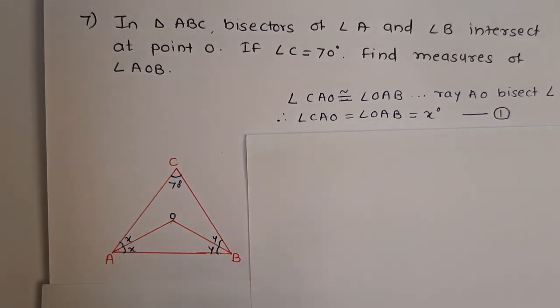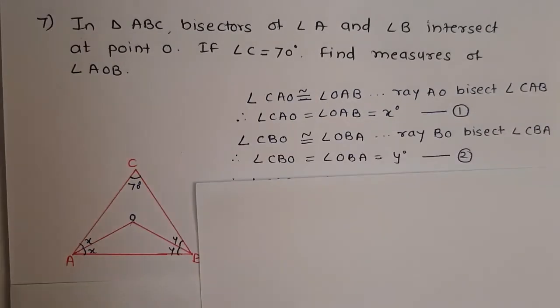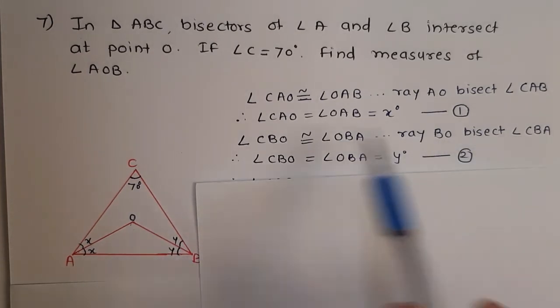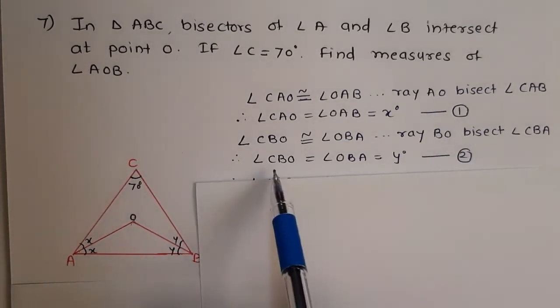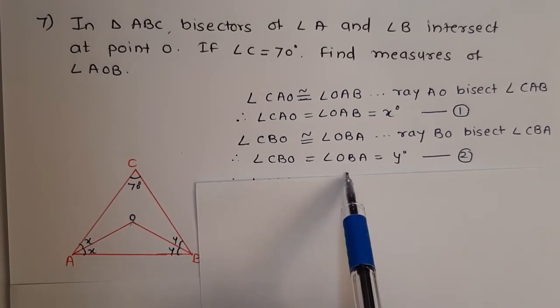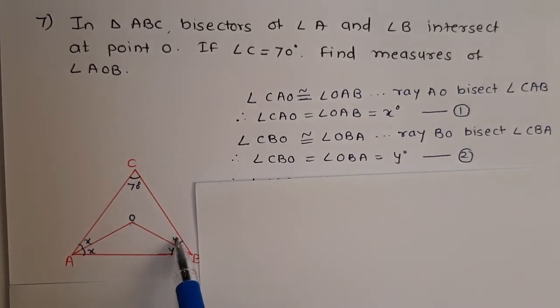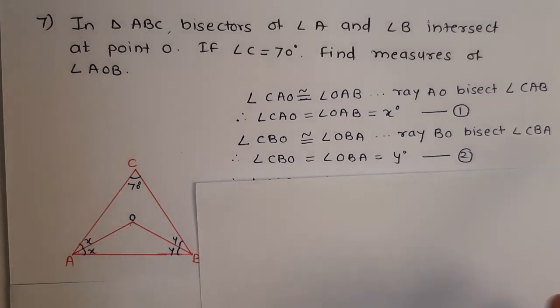This is our first equation. Now angle CBO is congruent to angle OBA, because ray BO bisects the angle CBA, and these both angles equal, we give y. This is our second equation.